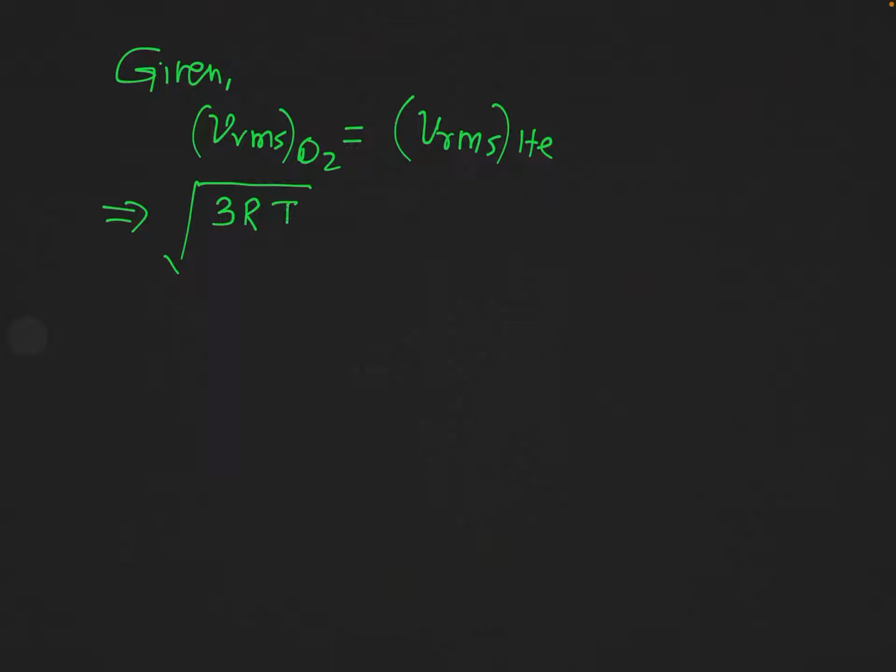Let us suppose oxygen is at temperature T. So I am writing the temperature T for oxygen gas and divided by the molecular weight of oxygen, so this is M of O2, and this will be equal to the square root of 3R times the temperature for helium gas, this is T of He, which is given in our problem equal to 300 Kelvin, and divided by the molecular weight of He.